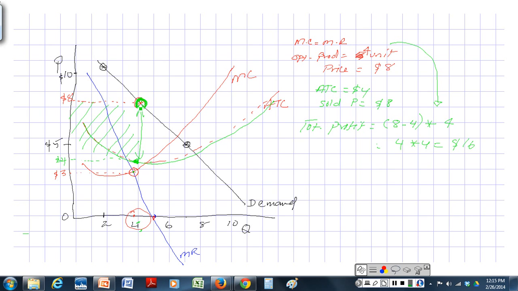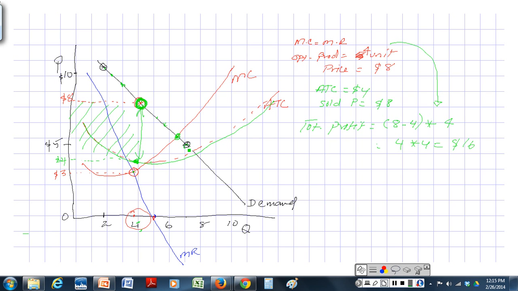But if the price searcher wants to sell at different prices, they can price discriminate. Individually, they can sell one at $10, one at $9, one at $9.50, and so on. They can individually price until their marginal cost is exactly equal to the price at which they can sell it.